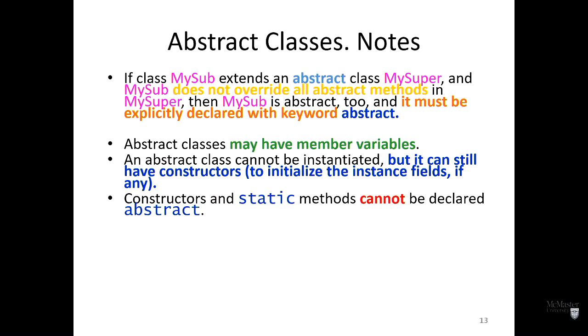So if you have an abstract static method, you will not be able to implement it in the child, because if you create the same method in the child, it's not going to override it. There is no overriding for static methods, and that means you cannot create an implementation for a static method. Then if you cannot create an implementation for a method, it cannot be abstract, because an abstract method, by definition, you have to implement later. Makes sense?